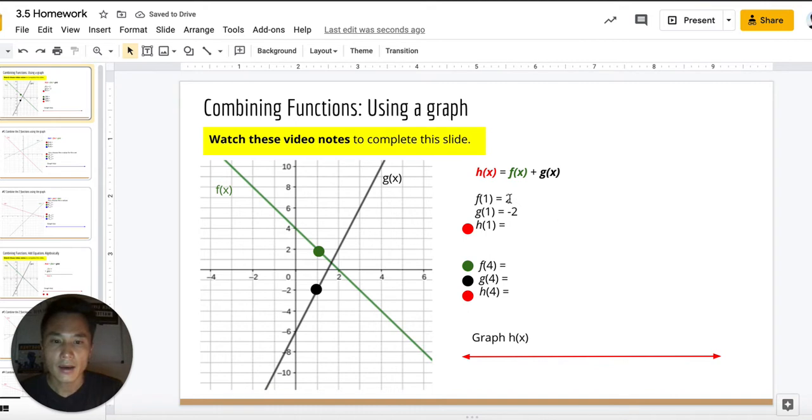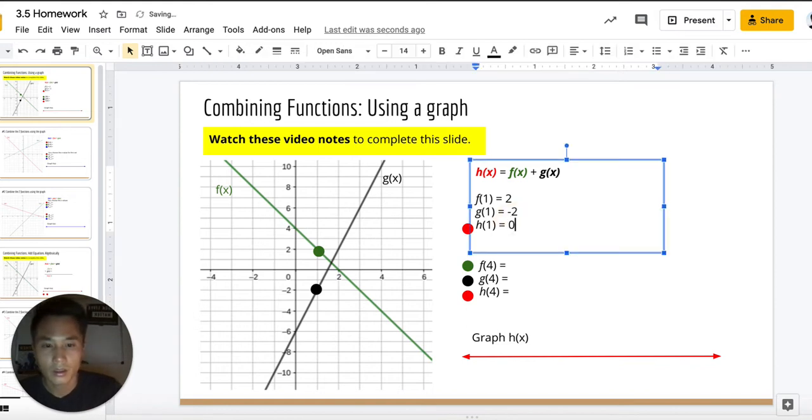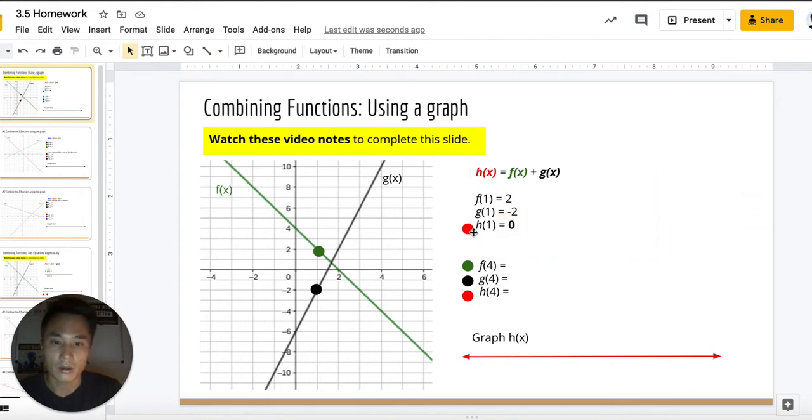And now that I have the two outputs of these two functions when x is 1, all I have to do next is add them together. So 2 plus negative 2 is equal to 0. So I know for the combined function h of x, when that has an x of 1, its y value is going to be 0.